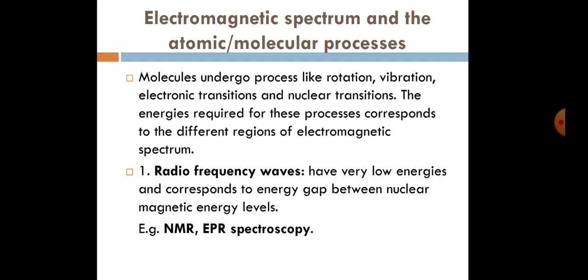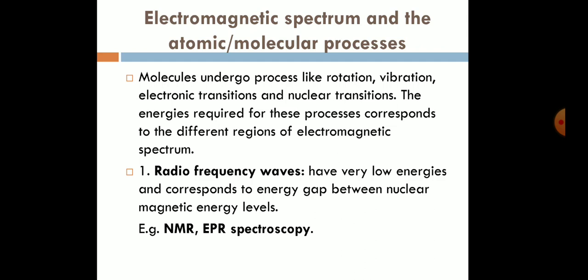Now the energies which are required for these processes are different, and hence the molecule interacts with different regions in different ways. If we are using one particular region of the spectrum and interacting it with our sample, then one type of transition will take place.